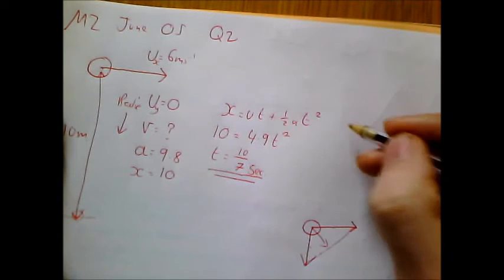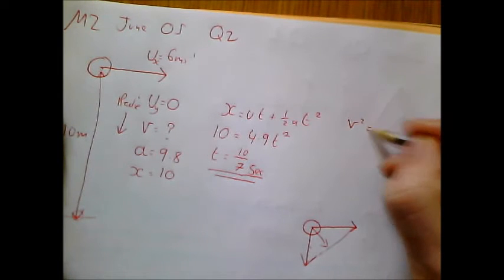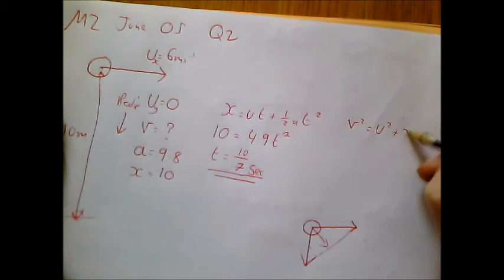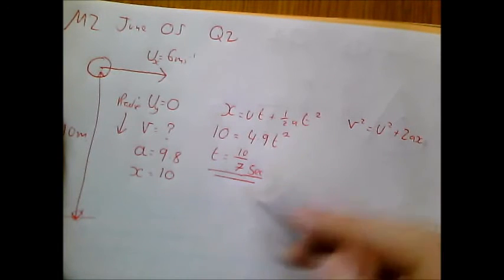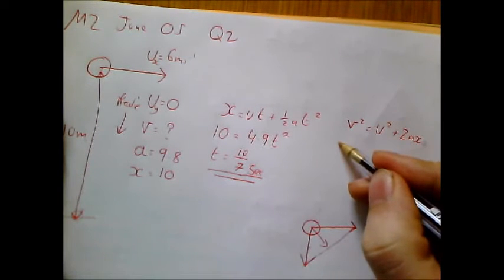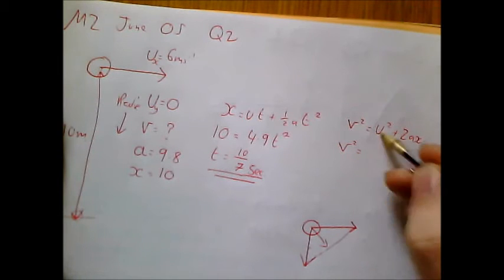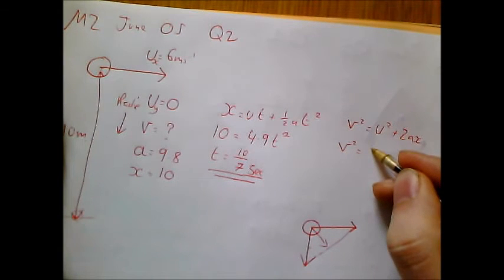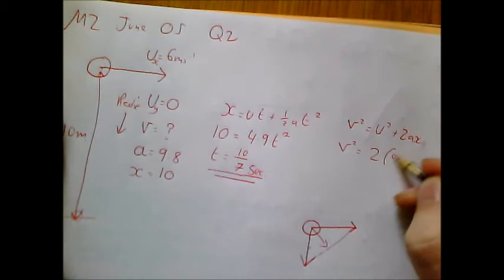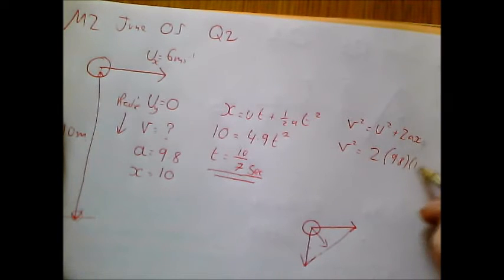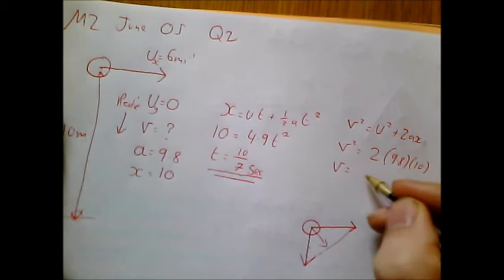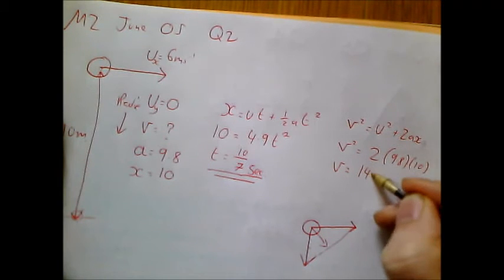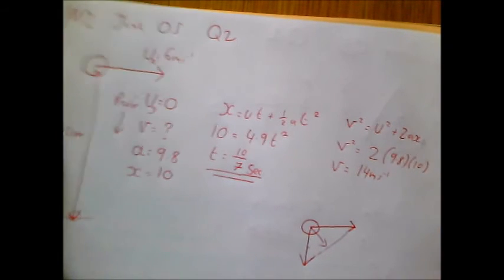We can also use v squared equals u squared plus 2as, and actually this is the only bit we needed to do. So v squared equals 0 plus 2 lots of 9.8 lots of 10. Doing that, you should find the velocity to be 14 meters per second.